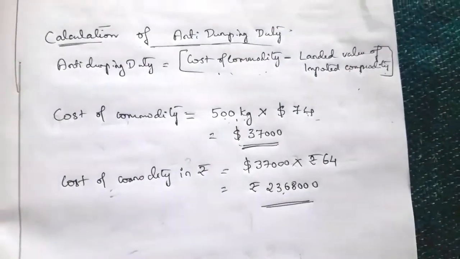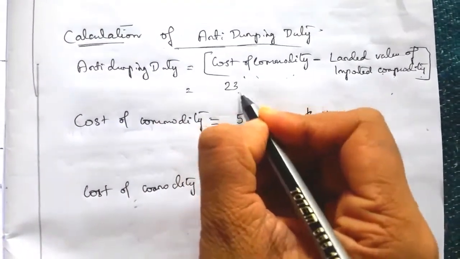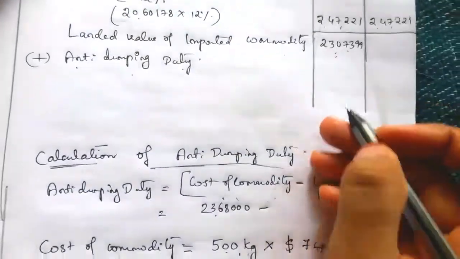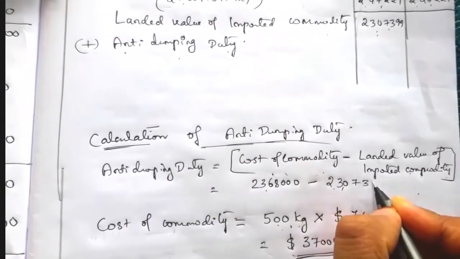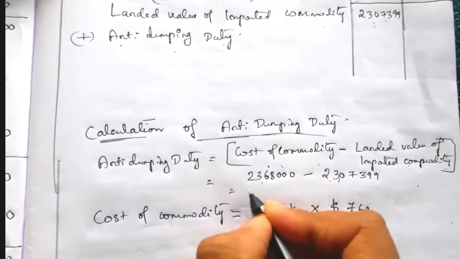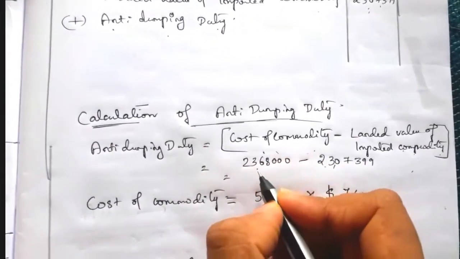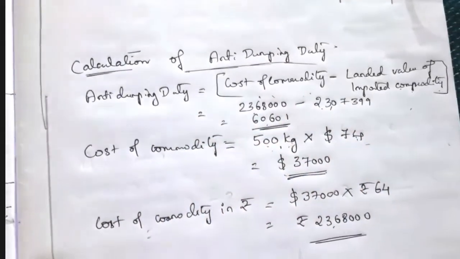Now we have to find the anti-dumping duty. The cost of commodity is 23,68,000 minus the landed value of imported commodity, 23,07,399. If you take the difference, anti-dumping duty is equal to 60,601.